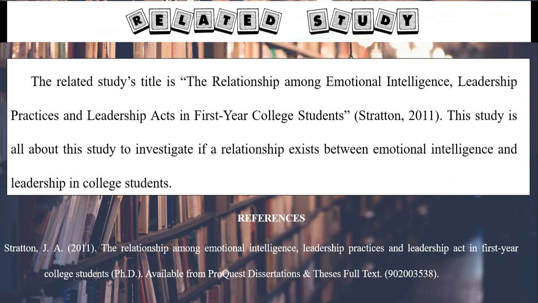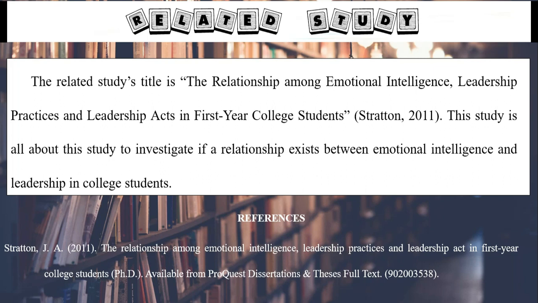It focuses on students who are leaders or enrolled in a leadership program. It is related to our research because it focuses on students who practice leadership skills and emotional intelligence. Now let us compare some results from their data analysis and ours.